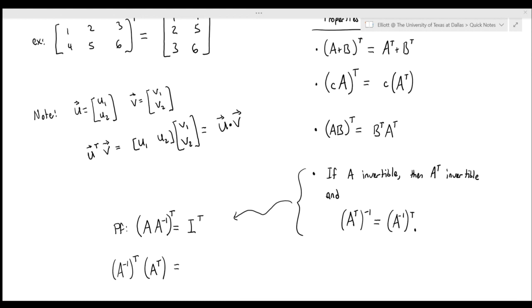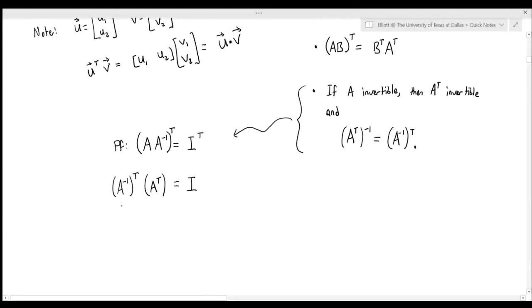Can you guys see what you would get if you do that? Yeah, that's right. When you transpose an identity matrix, nothing happens, you get the same thing. So it's just equal to I still on the right.